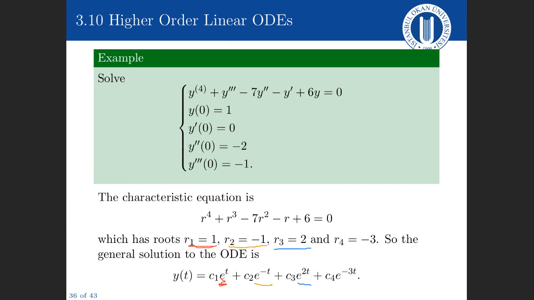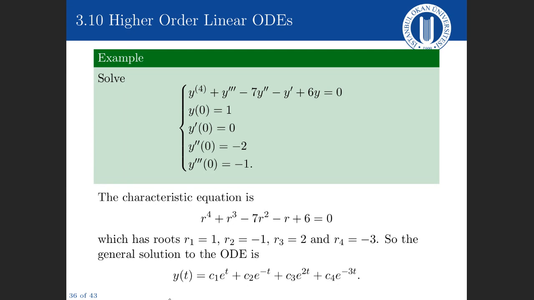And we have r4 is minus 3, so we expect to have an e to the power minus 3t term. And in fact, this is true. The general solution to the differential equation is c1 e to the power t plus c2 e to the power minus t plus c3 e to the power 2t plus c4 e to the power minus 3t.